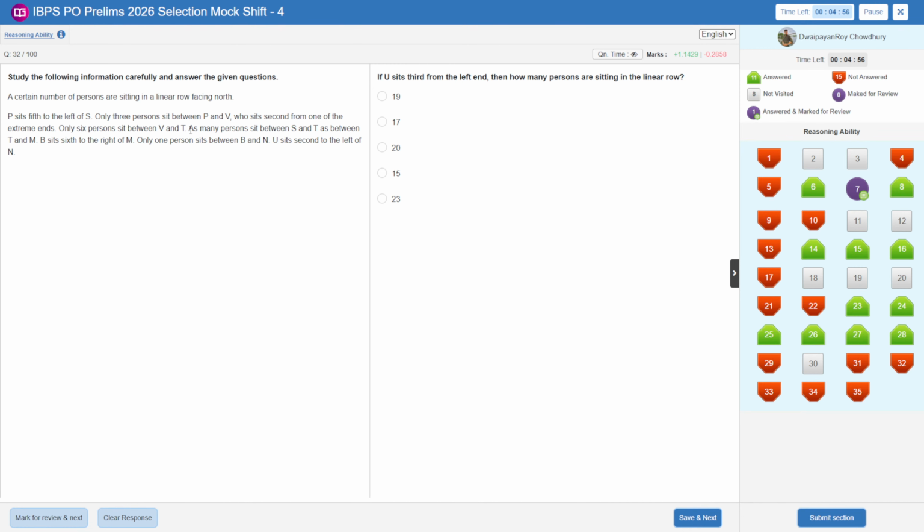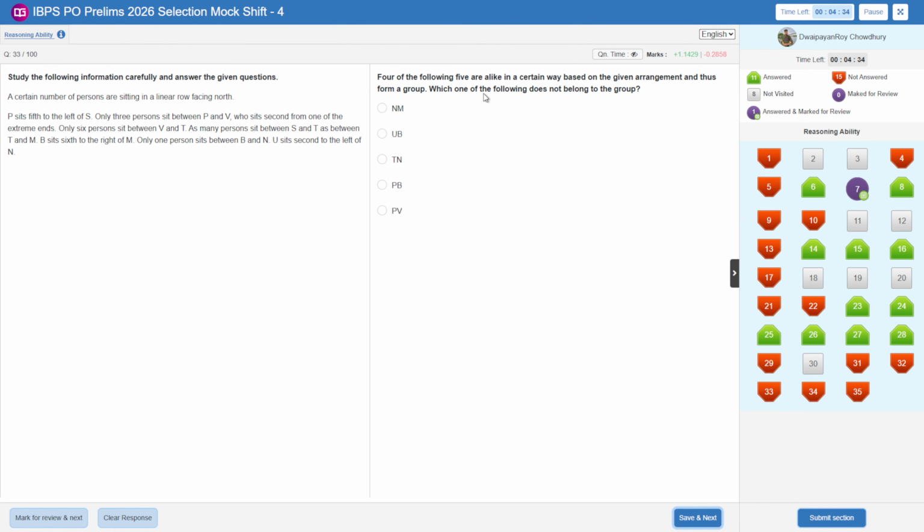T and M, B is 6 to the right: 1, 2, 3, 4, 5. Only 1% between B and N. U sits second to the left of N, and U sits third from the left: 1, 2, 3. So I think 15 was correct, but I don't know what's going on.